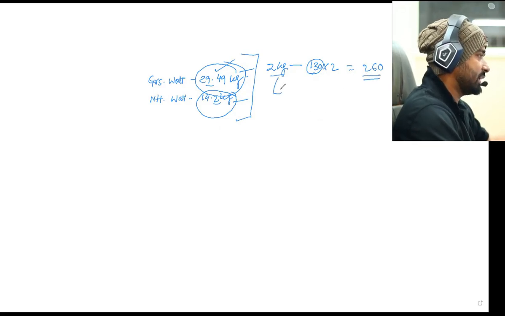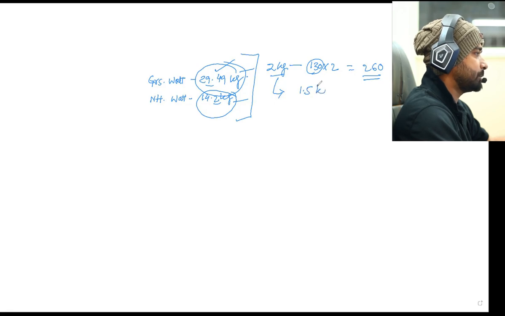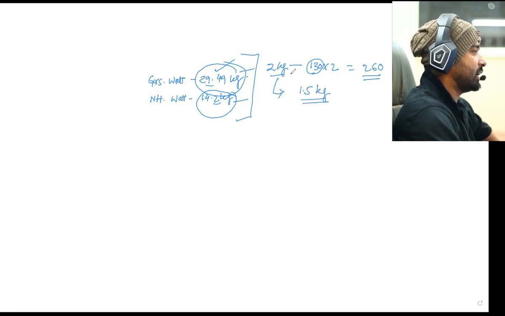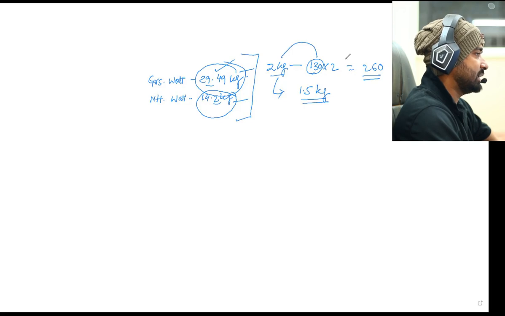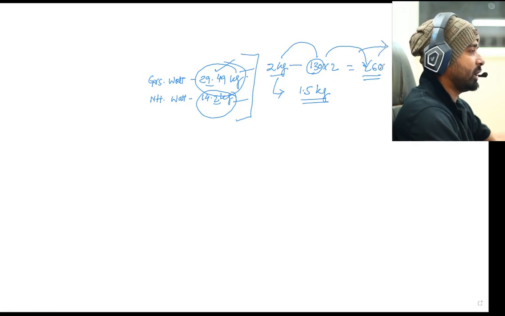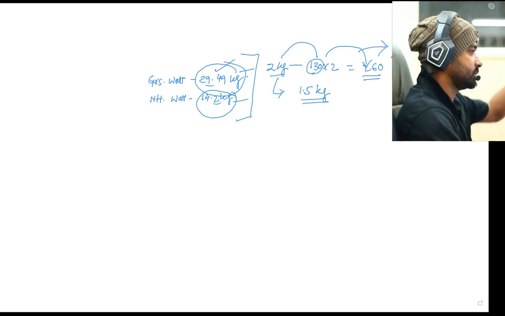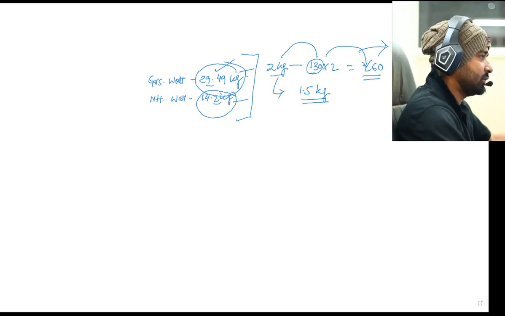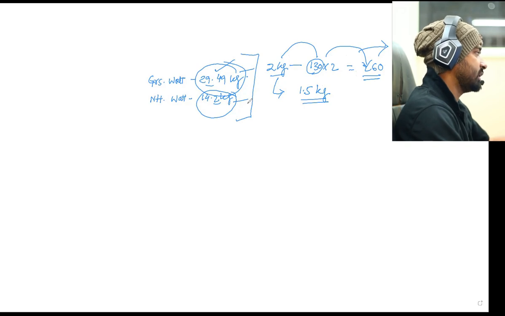But when you ask him to clean it, you find it is 1.5 kg or 1.4 kg. So the wastage from the 2 kg you paid 260 for, that's fine, but the wastage of 0.5 kg coming out, you cannot use. This 0.5 kg is known as depreciation. From the economics point of view, this is depreciation.